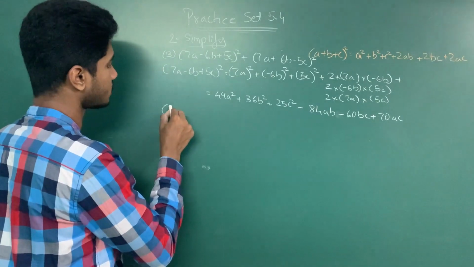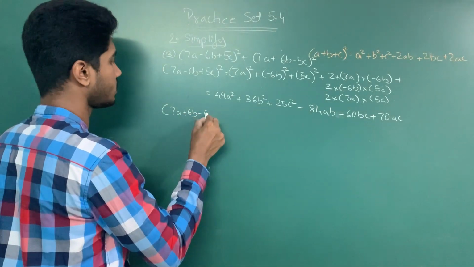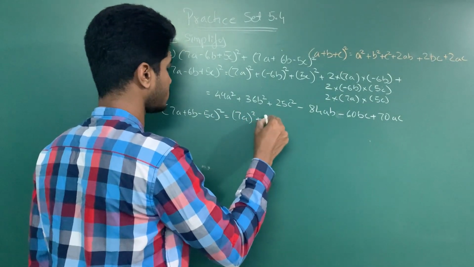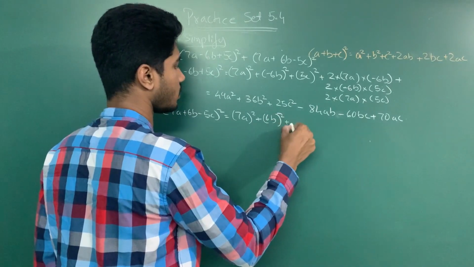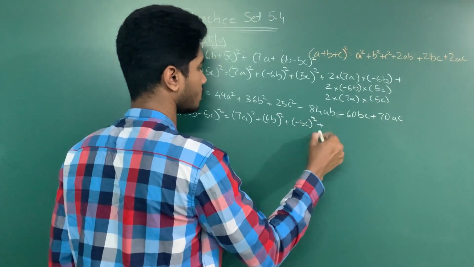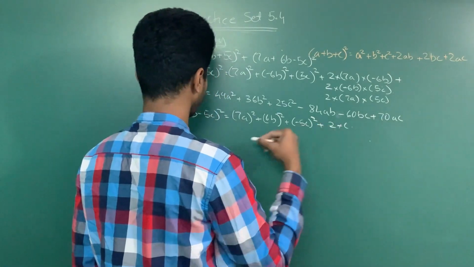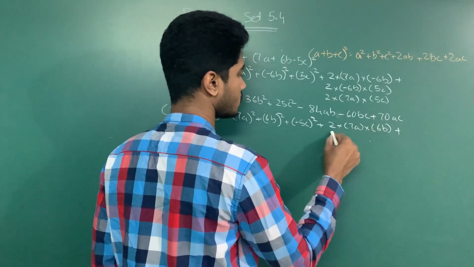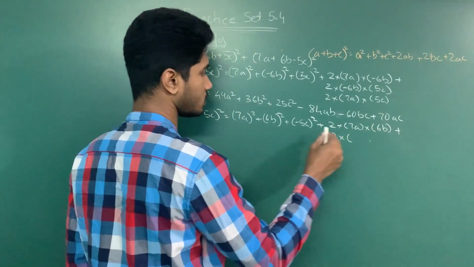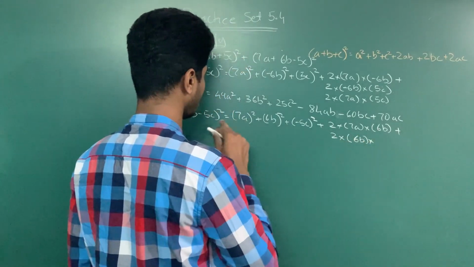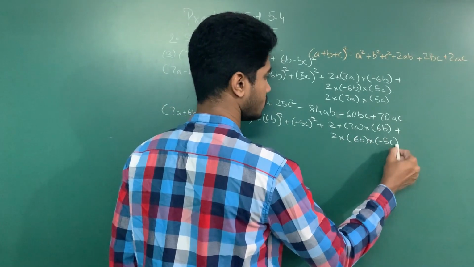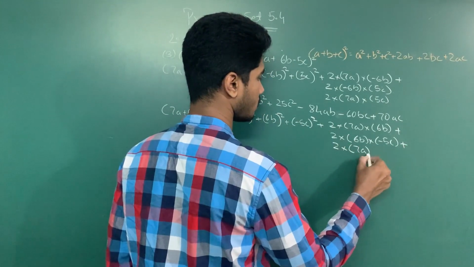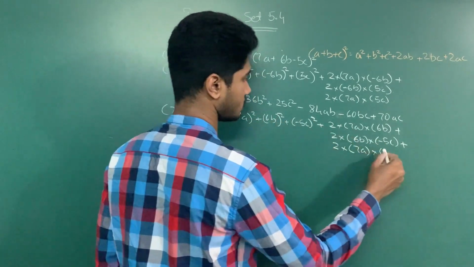Let's solve the second bracket. 7a plus 6b minus 5c the whole square. So this will be 7a the whole square plus 6b the whole square plus minus 5c the whole square plus 2 into 7a into 6b plus 2 into 6b into minus 5c plus 2 into 7a into minus 5c.